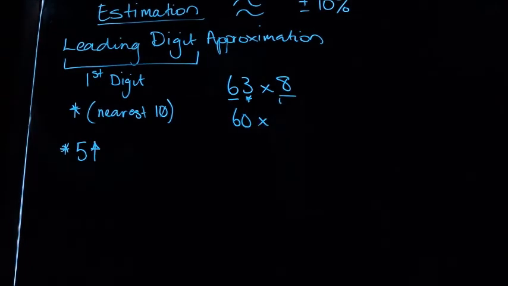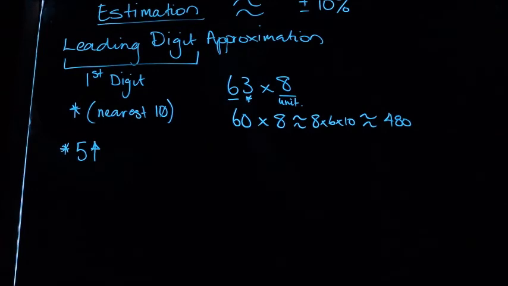Well, we're already in the units column here, so there's not much we can actually do. So let's just leave this as 60 times 8 and work this out. What I'm thinking here is 8 times 6 times 10, and that's going to be approximately equal to 480.